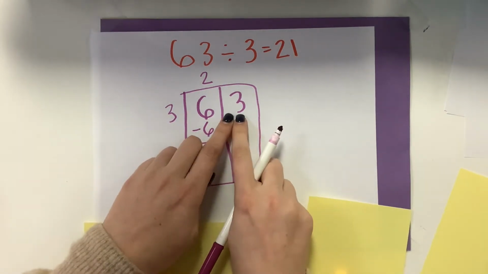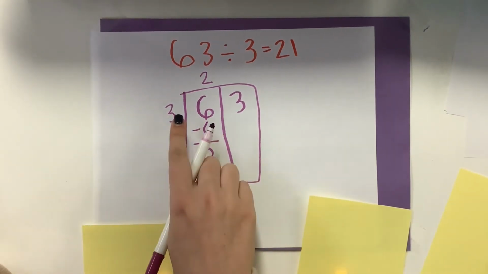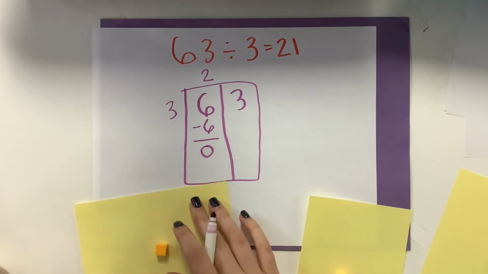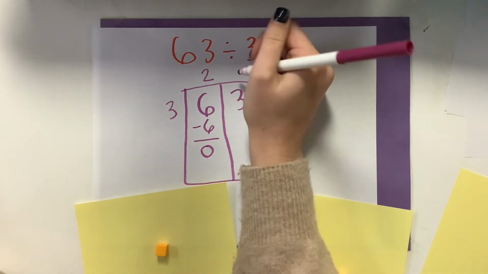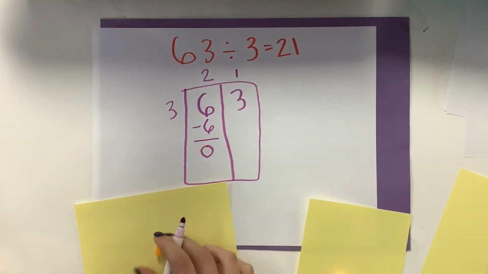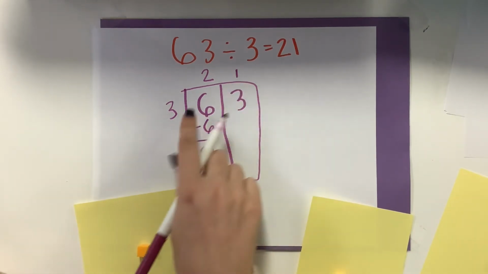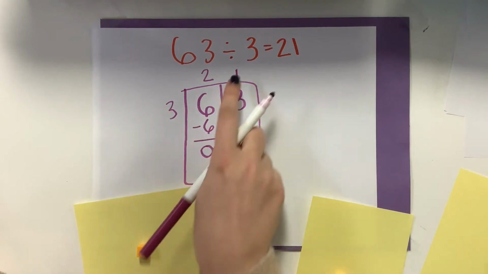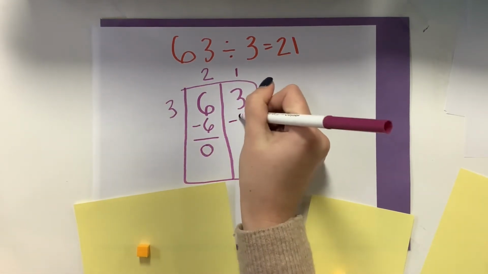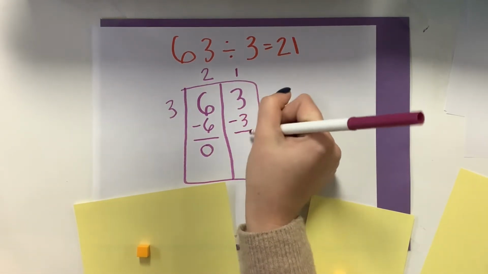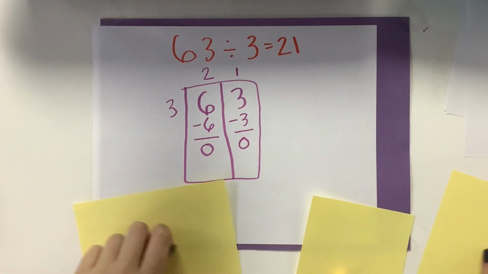So then I thought about this number right here. I gave each card 1 little block. Since I gave 1 block to each of these 3 cards, 1 times 3, I gave away 3 blocks and I had 0 blocks left to give away.